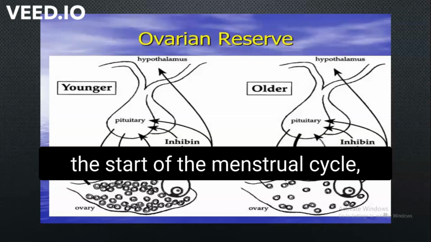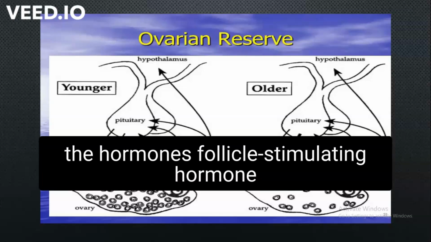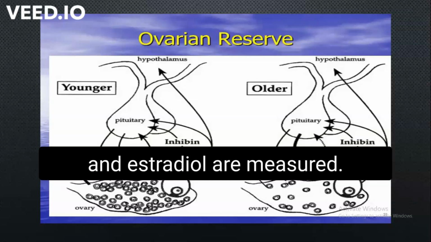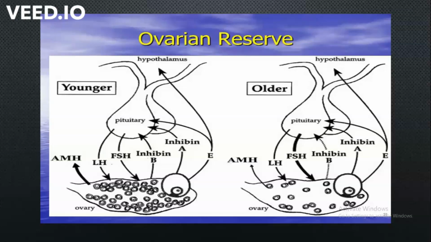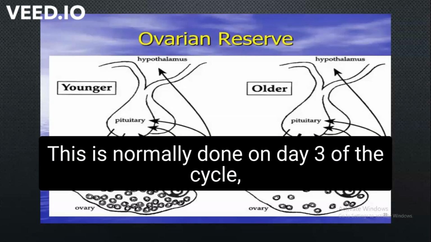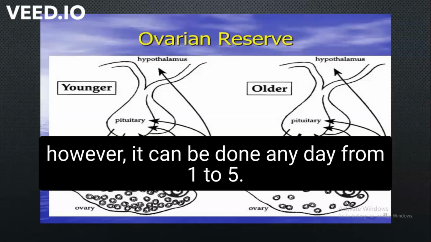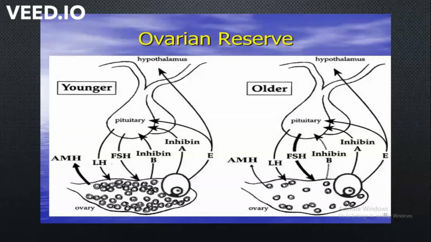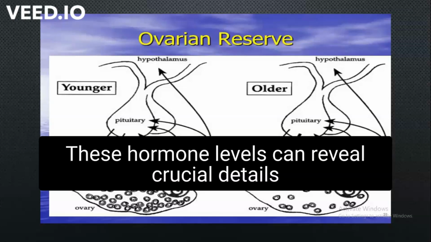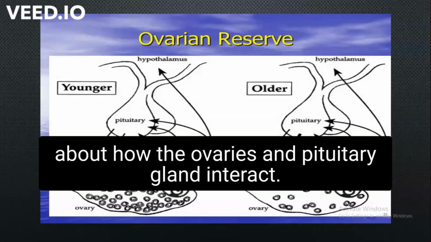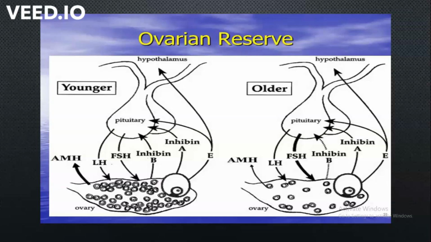At the start of the menstrual cycle, the hormones follicle stimulating hormone and estradiol are measured. This is normally done on day 3 of the cycle. However, it can be done any day from 1 to 5. These hormone levels can reveal crucial details about how the ovaries and pituitary gland interact.